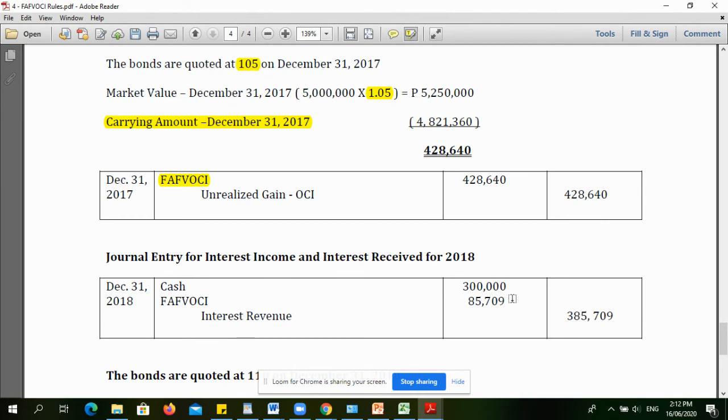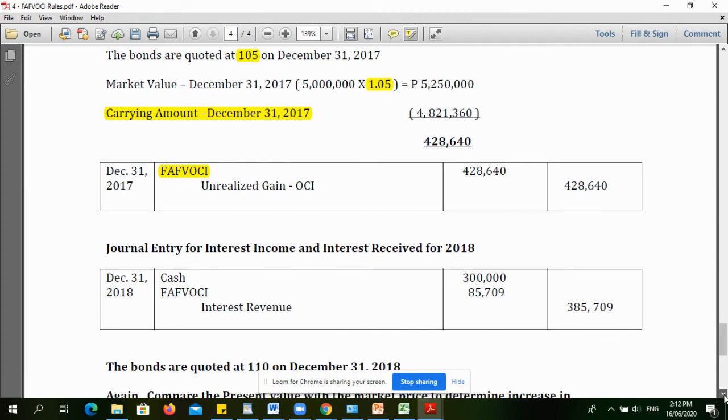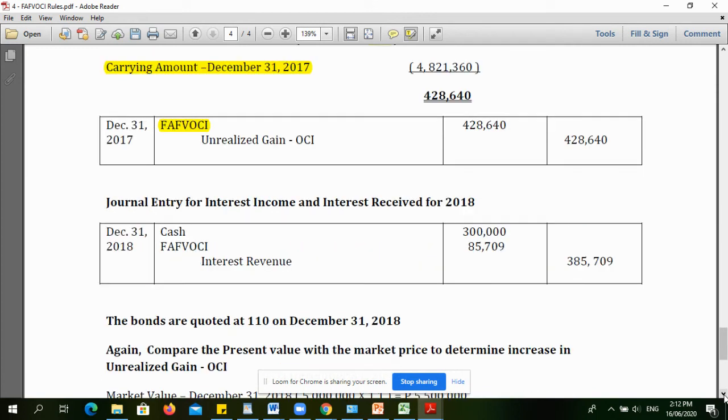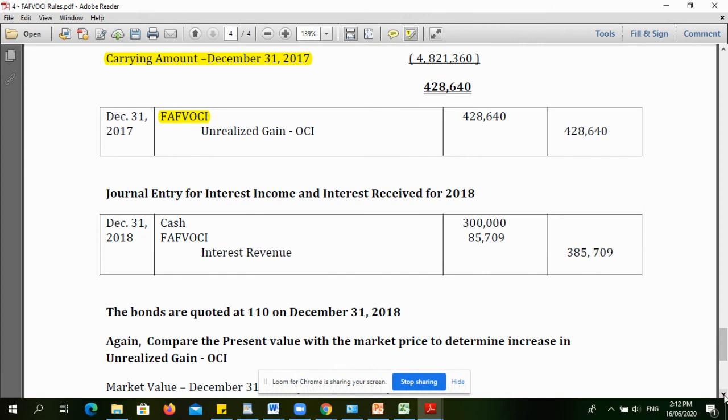And again, there is a difference. The effect is that the carrying amount will increase. Since we debited FAFVOCI, the present value or carrying amount goes up. At the end of the year, the bonds are quoted at 110.